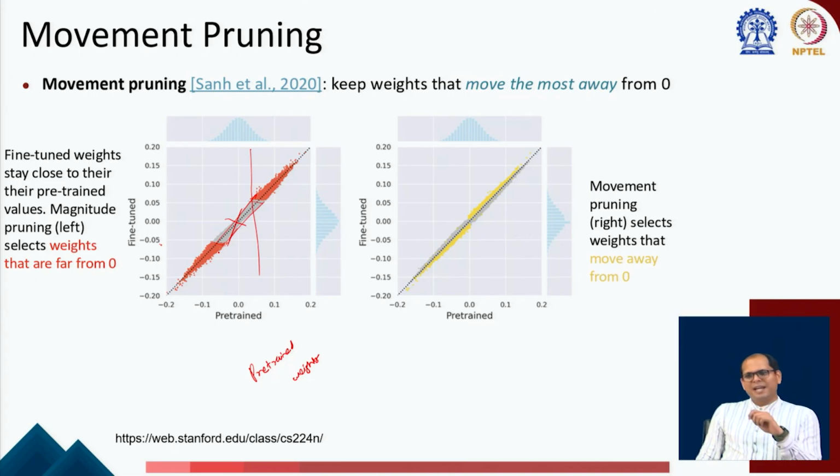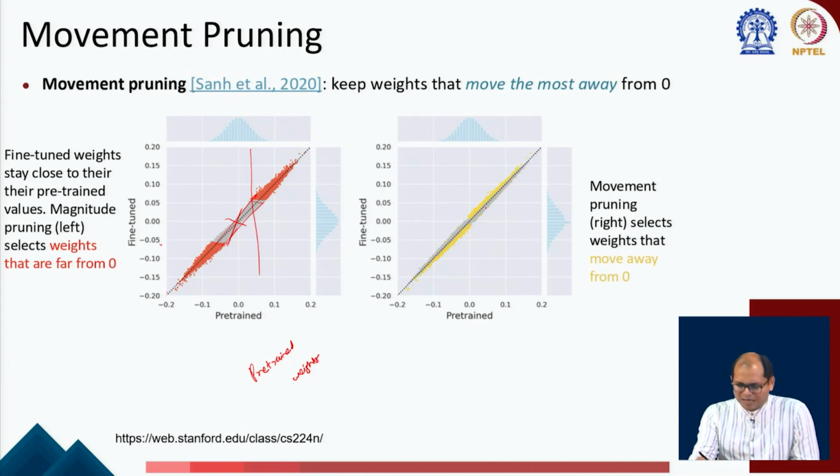The movement pruning idea is that they already had some weights in the pre-training. When I did fine-tuning for a task, how much did these parameters move from the pre-trained weights? Some parameters would move away from 0 and some parameters will move towards 0.